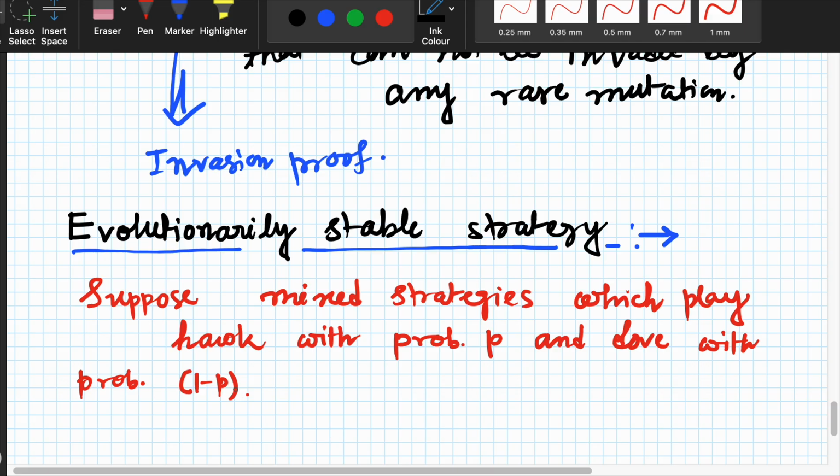I have been talking about the strategy or state meaning the frequency, that is true, but here the evolutionarily stable strategy means suppose there is a population and every individual in that population is taking a mixed strategy. So the mixed strategy is inherited by birth. And what is the mixed strategy?